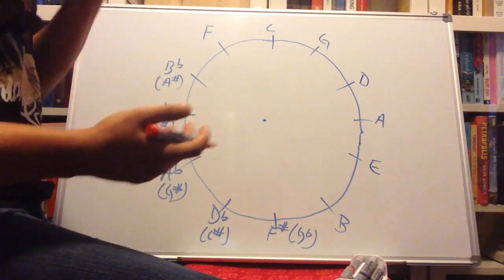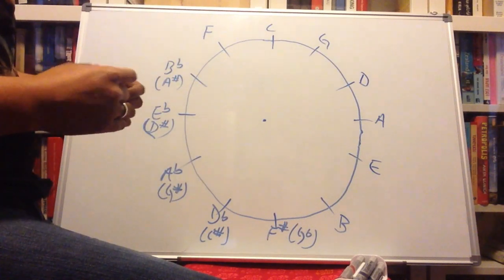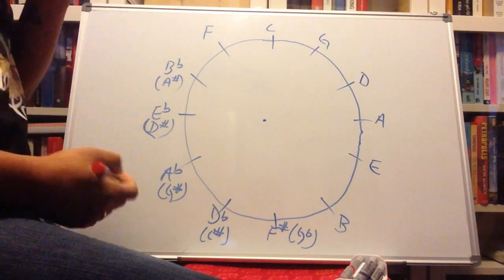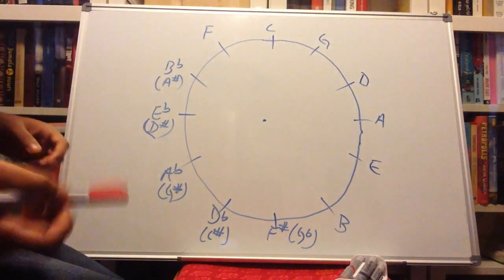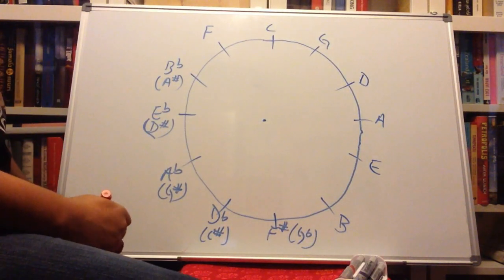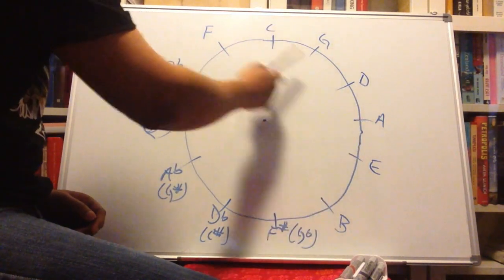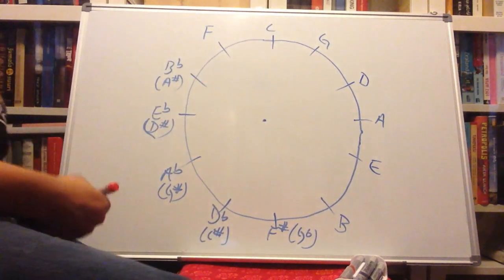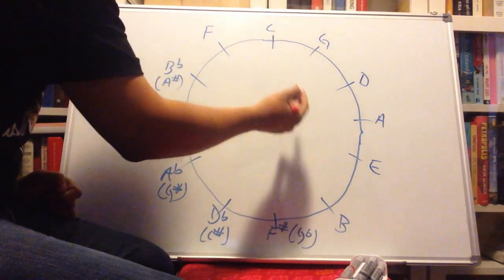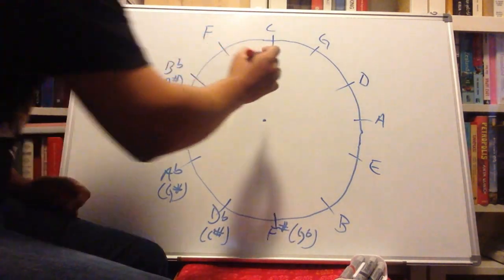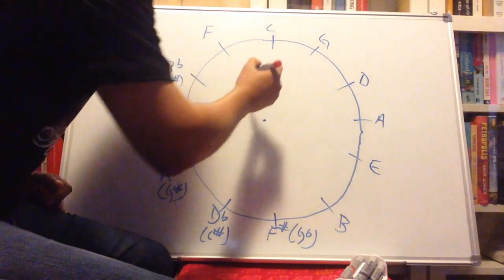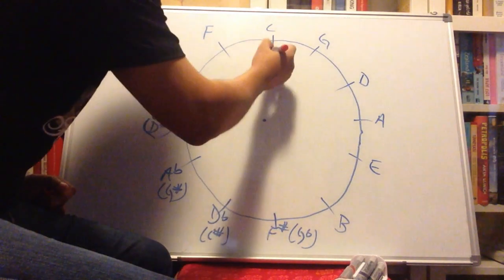This might sound a little complicated if you're pretty new, but look at the video on how to construct the major scale, and there you will see A is the 6th of C, and that's our relative minor. Okay, take it easy. We slow it down.